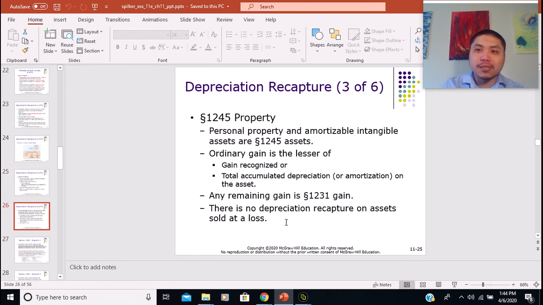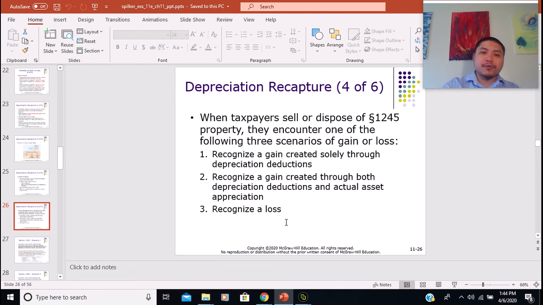So the first scenario is the taxpayer is going to recognize a gain created solely through depreciation deduction. So there's no gain generated from appreciation in value.